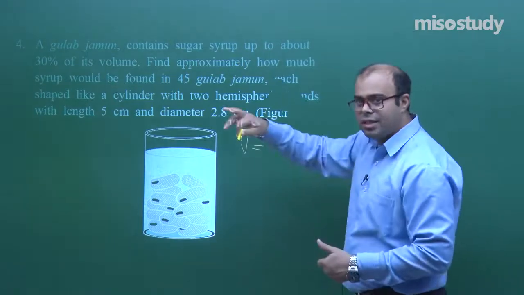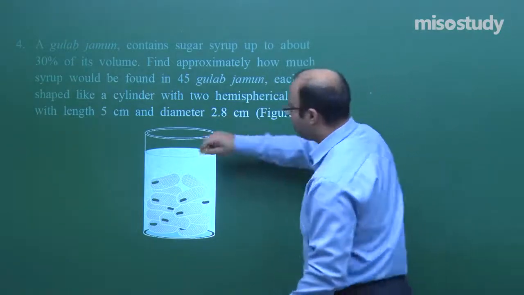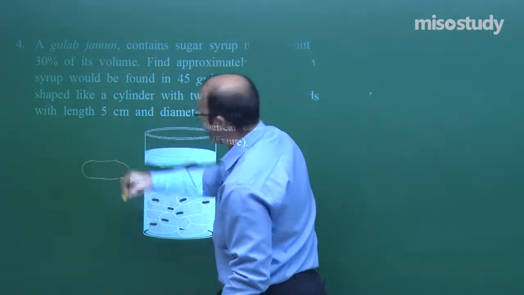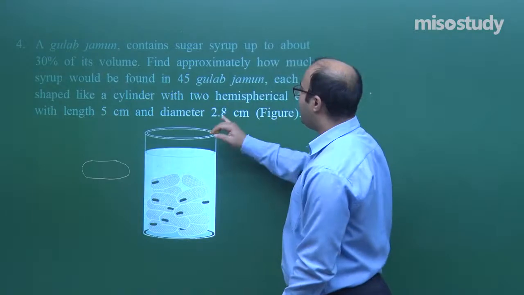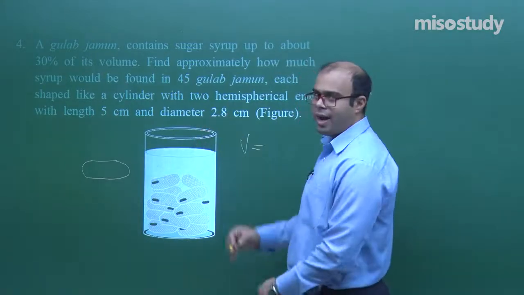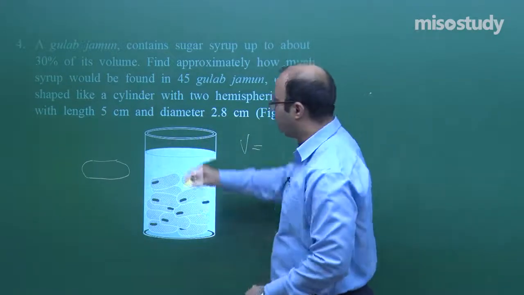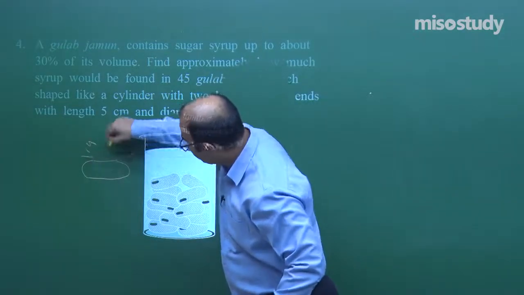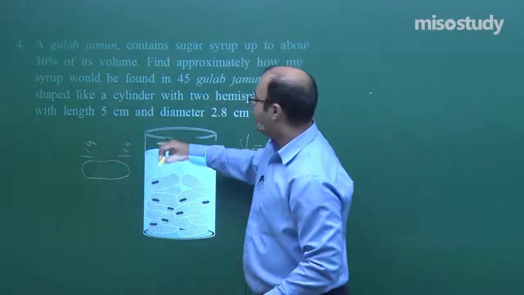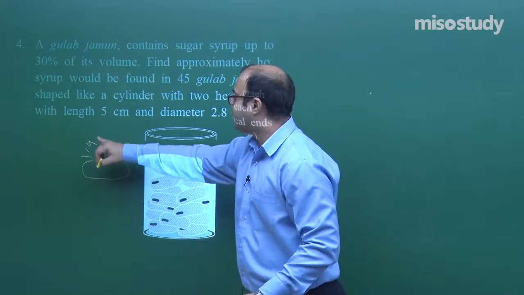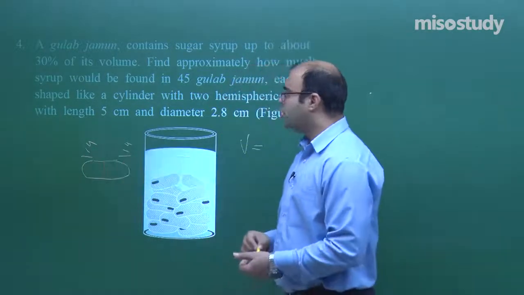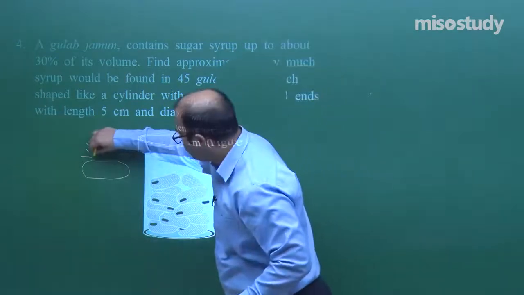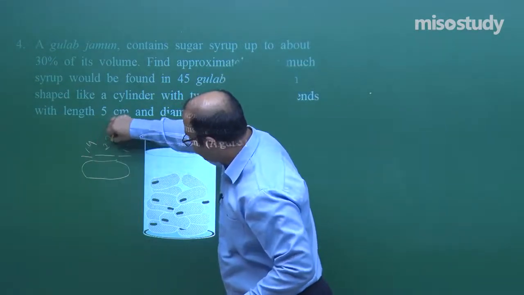So, length is the length of the whole gulab jamun, that is 5 centimeter, and the radius, if diameter is 2.8, then radius is 1.4. So, this part is 1.4, this part is 1.4, and the total is 5. So, let us subtract from 5 1.4 into 2, that is 2.8, that will become 2.2. So, this is 2.2 centimeter.